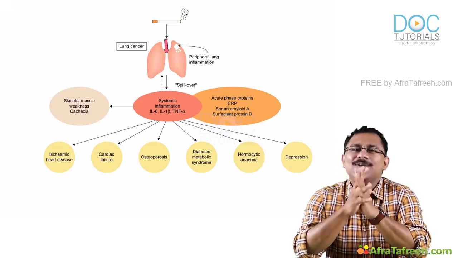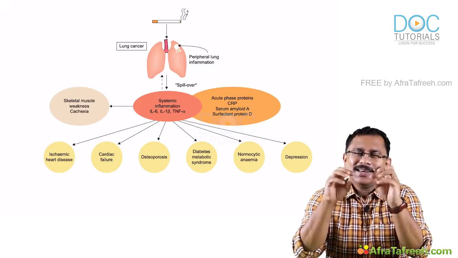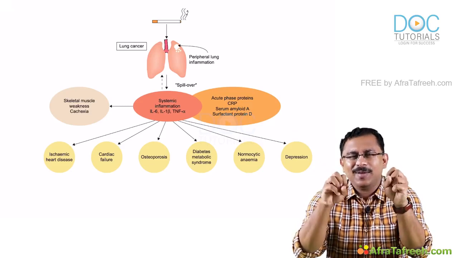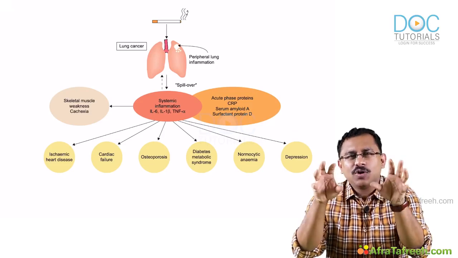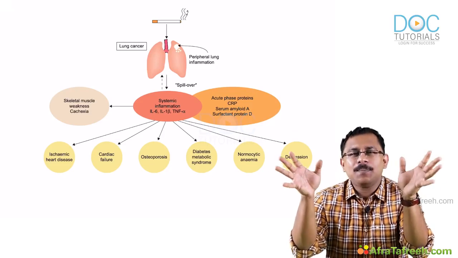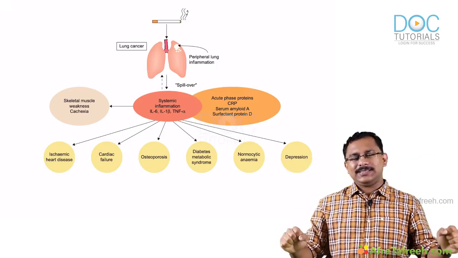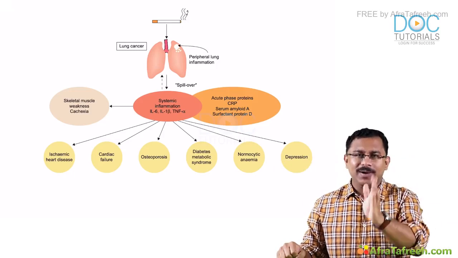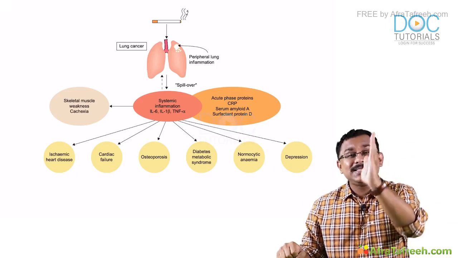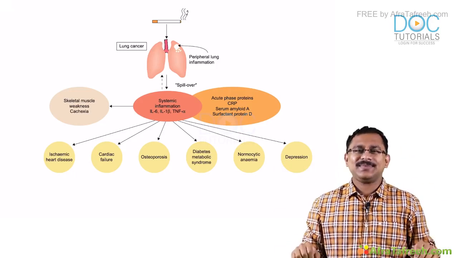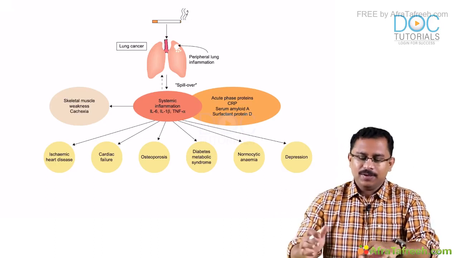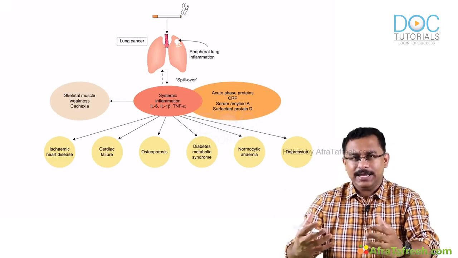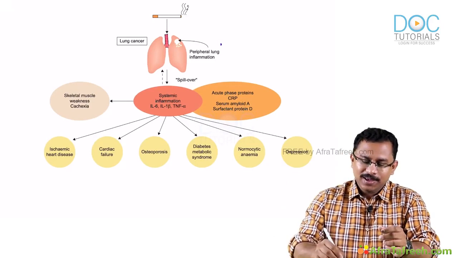Cytokines. Correct? Cytokines are released. Now, these cytokines and other inflammatory mediators would cause effects at multiple organs and organ systems. So which means COPD is not just a pulmonary disorder, it is a systemic disorder. That is my point.